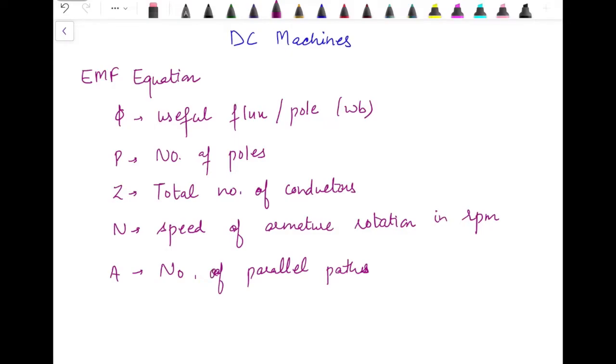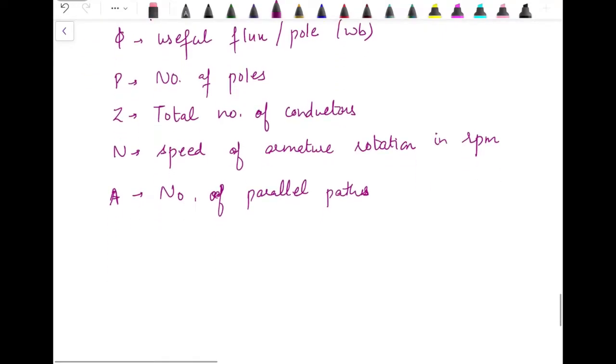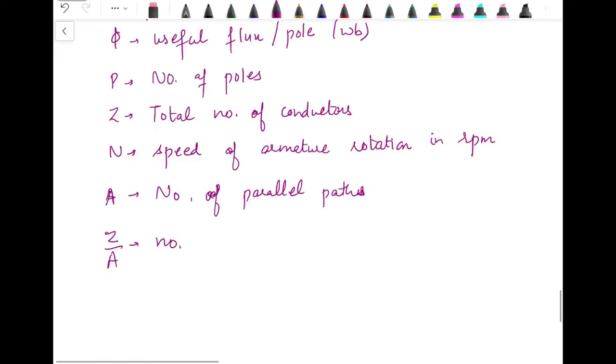That is the number of parallel paths, so that is given by A. Now what's the value of A? That I will also explain once we are done with the EMF equation. So effective number of conductors in each parallel path will be Z by A. Since total number of conductors are Z, Z by A is the number of conductors in one parallel path.